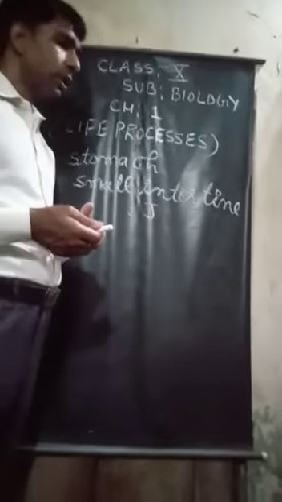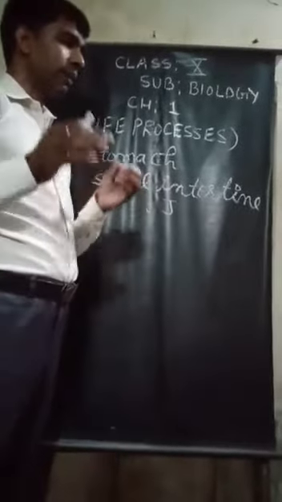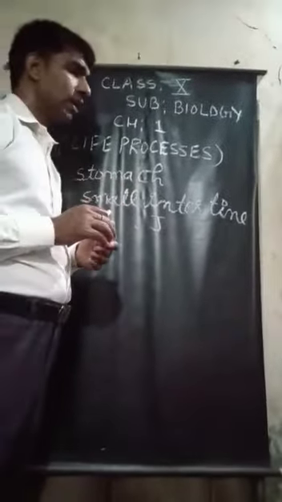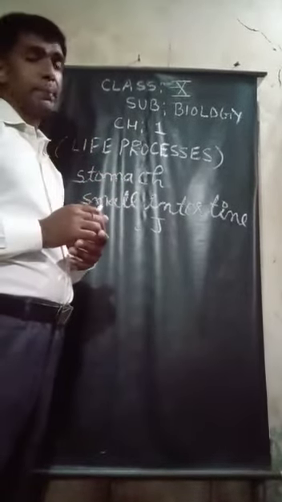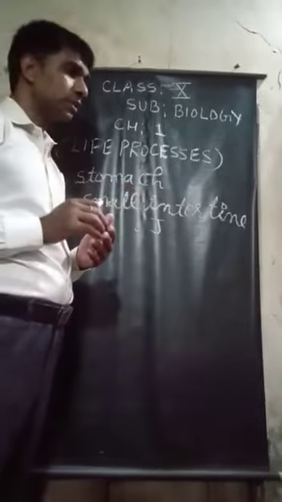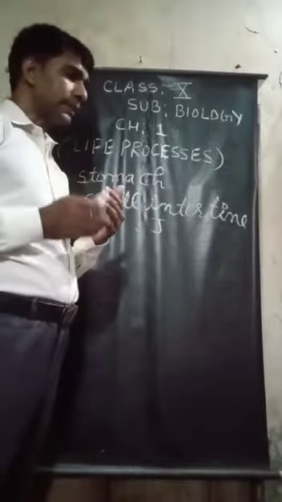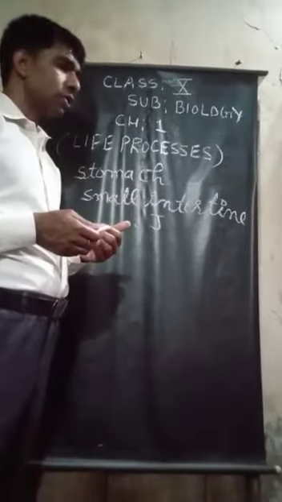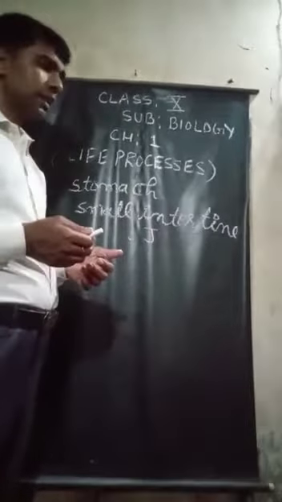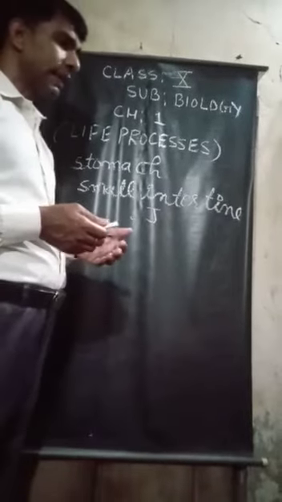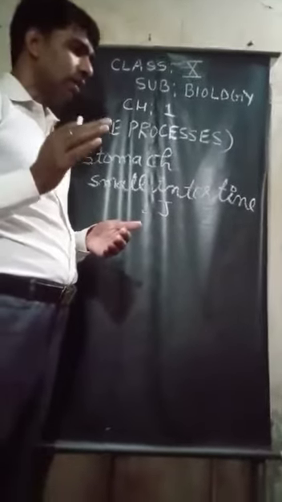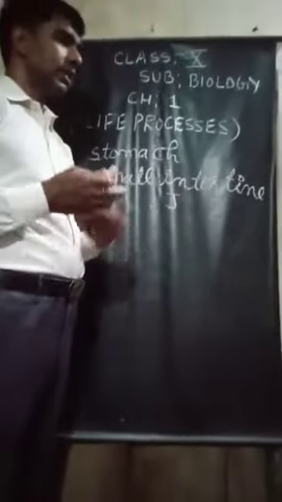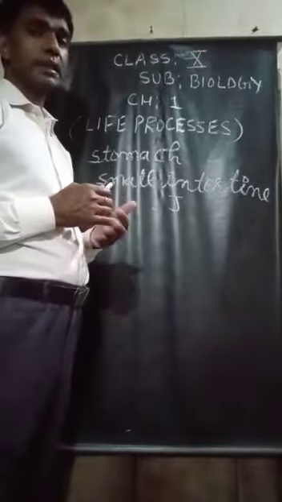This helps milk remain in the stomach for a longer time to be acted upon by the protein digesting enzyme. Gastric lipase partially breaks down fats into smaller components. The mucus protects the inner lining of the stomach from the action of acid under normal conditions.